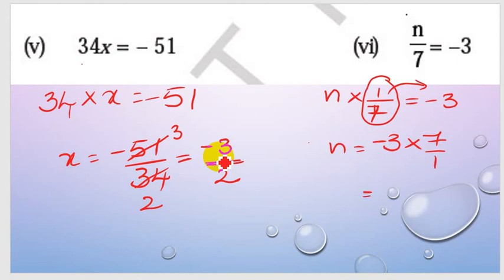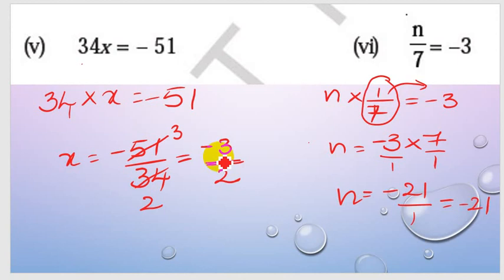So this is nothing but 7 by 1, minus 3. If there is nothing, then 1 is present in the denominator. Whenever you are having multiplication of fractions, numerator should be multiplied with numerator and denominator should be multiplied with the denominator. So the value of n is equal to minus 3 into 7, which is minus 21 divided by 1, which is nothing but minus 21. So n is equal to minus 21.